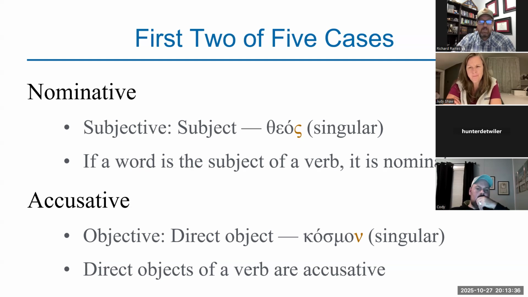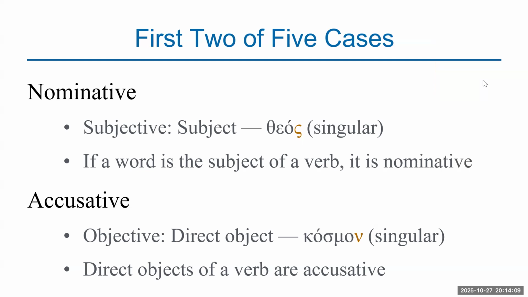Or at the very least, the subject is the noun that the verb is attached to. Jimmy threw the ball. Jimmy is a subject, threw is a verb, ball is a direct object. Jimmy threw the ball, right? So, word order doesn't matter as much for translation. Word order has another feature in Greek that's a little more poetic.